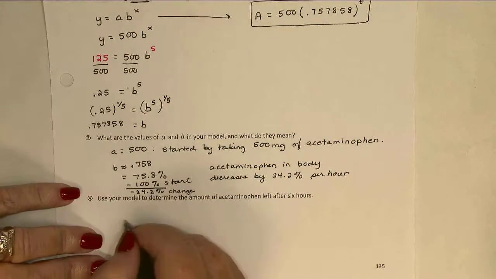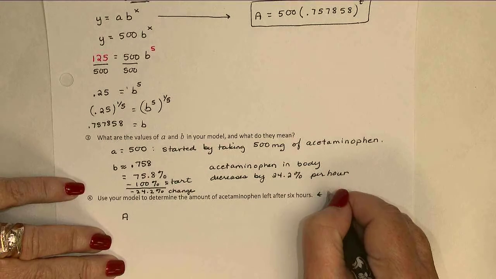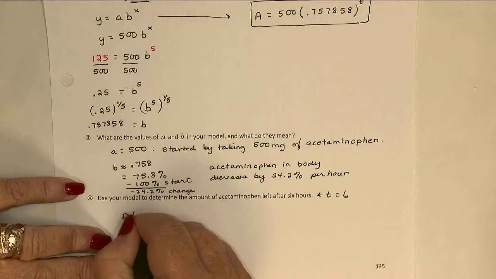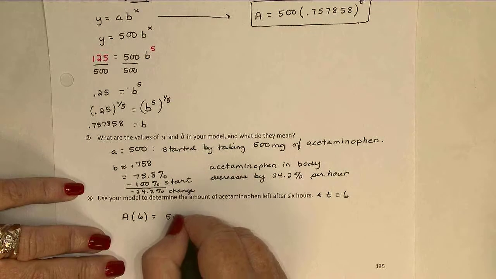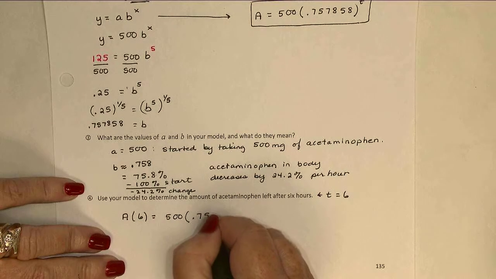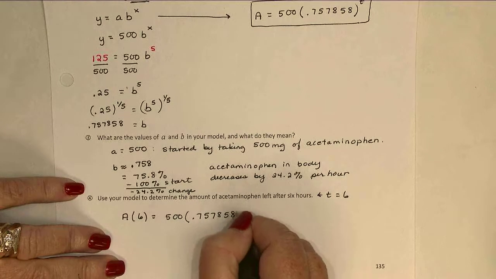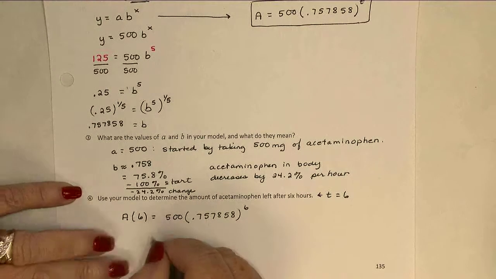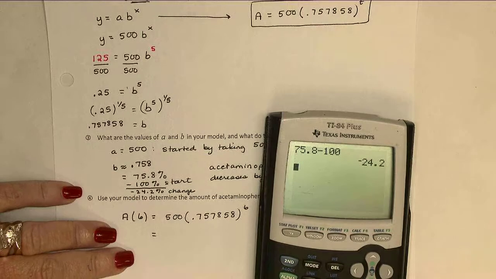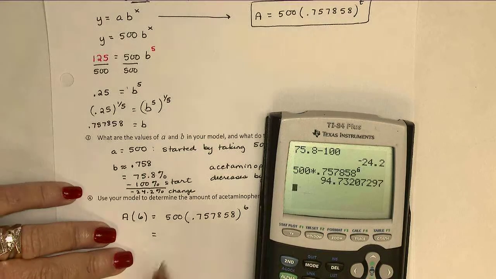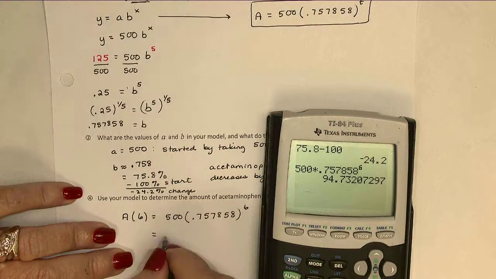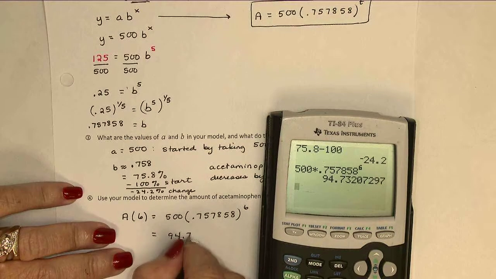If I just plug 6 in for T, so A of 6 in function notation, and here, when I'm actually making a prediction, I'm going to use all the decimals that I kept. Looks like about 94.7 milligrams.